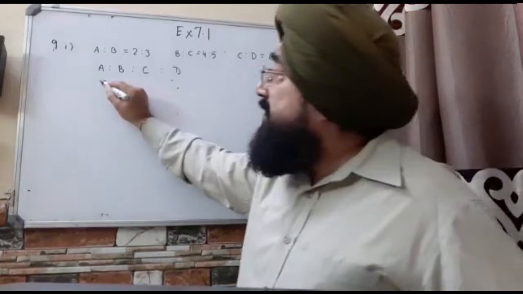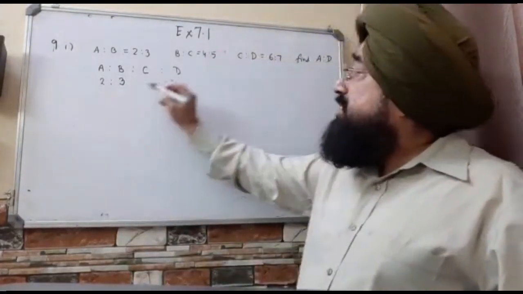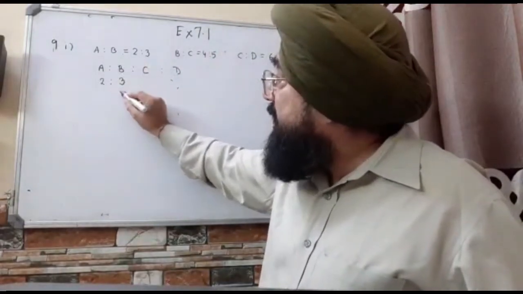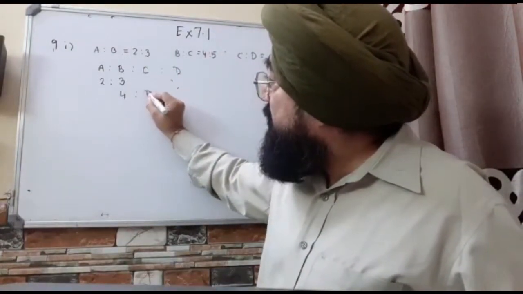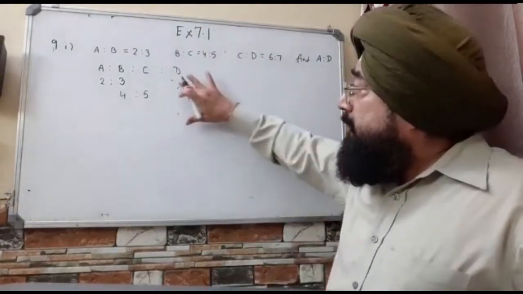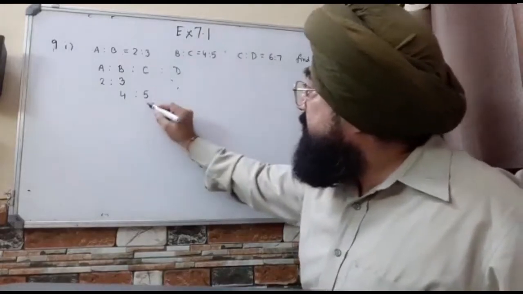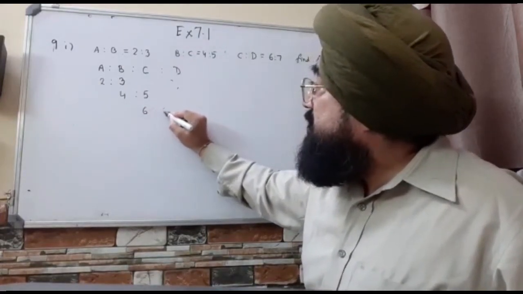So A is to B is given as 2 is to 3, while B is to C is given as, I write in a separate line, 4 is to 5. And therefore, I can also write C is to D as 6 is to 7.